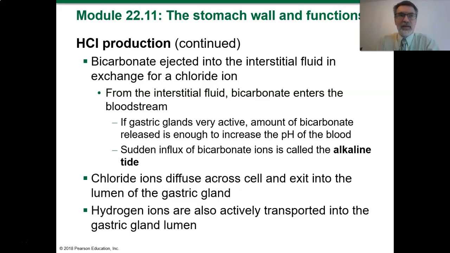So this is not likely to create a severe problem unless, again, you're really taking large amounts of Tums all the time. So you could start having some minor effects on your blood pH.